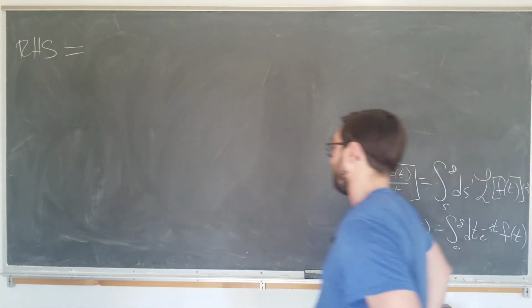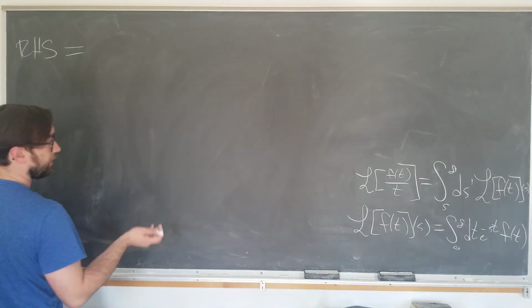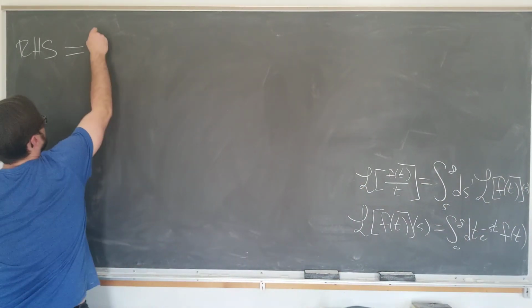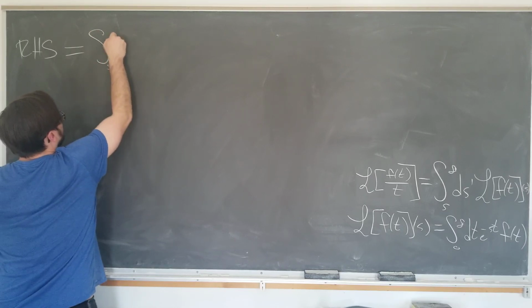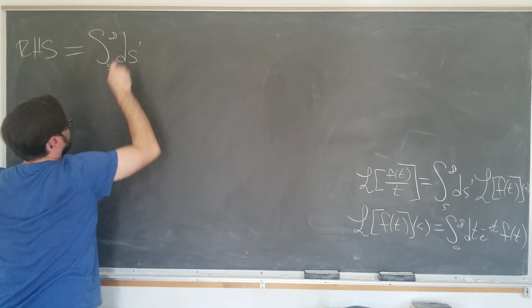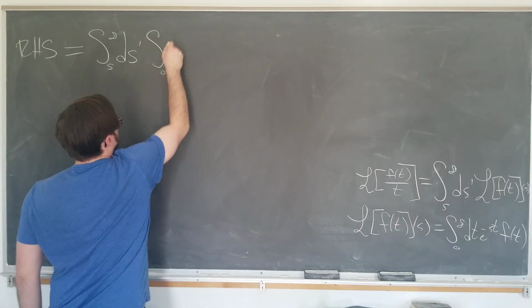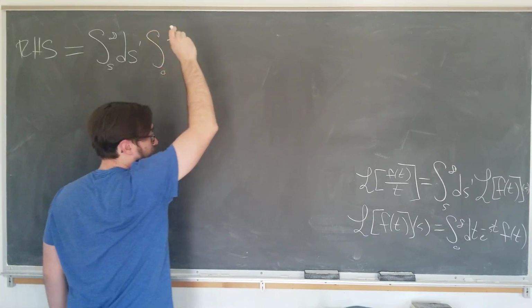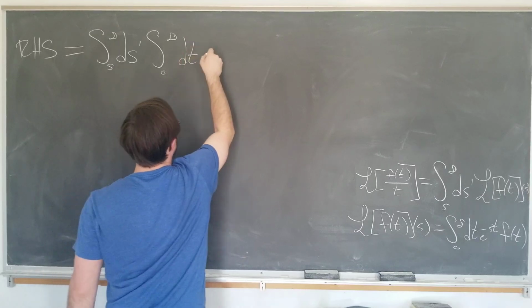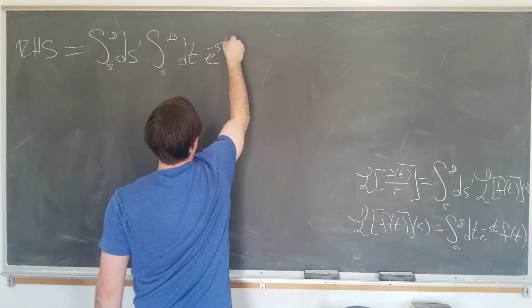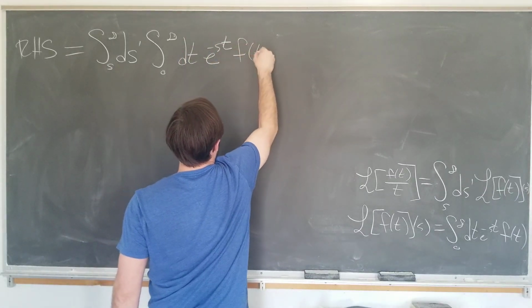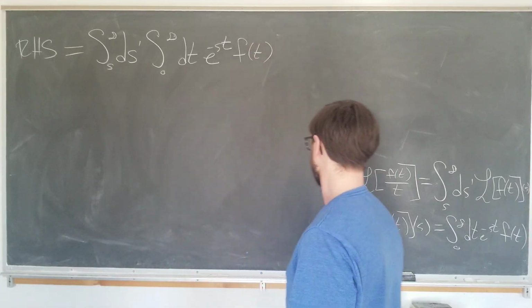So let's write these integrals. The right-hand side of our expression is the integral from s to infinity with respect to some variable s prime of the integral from 0 to infinity with respect to time of e to the minus st times our function to be integrated.